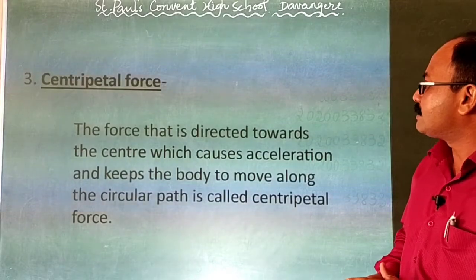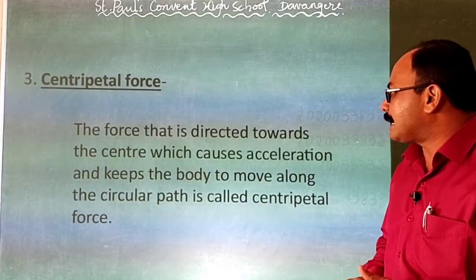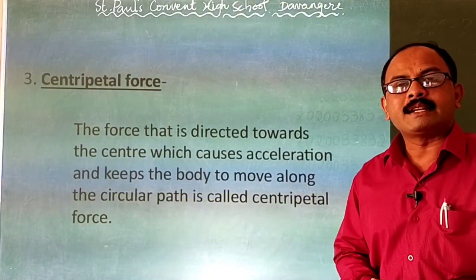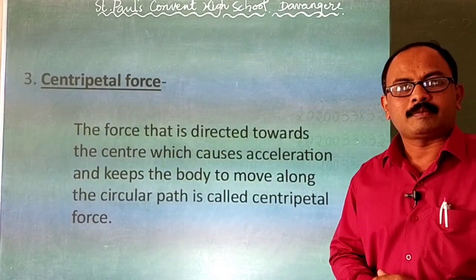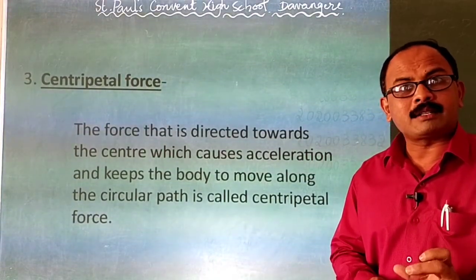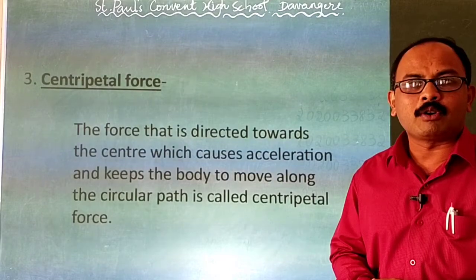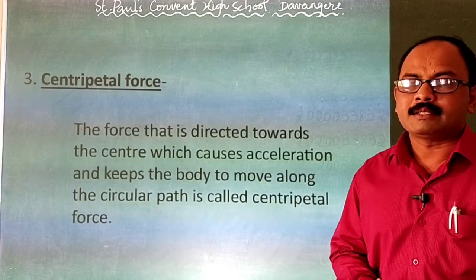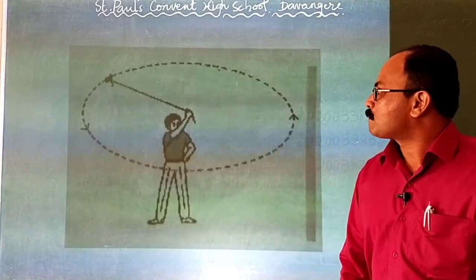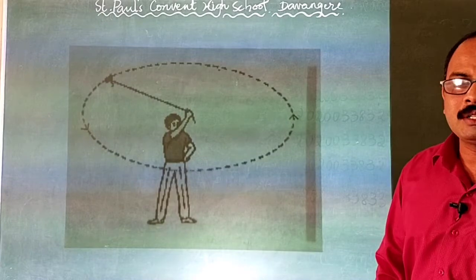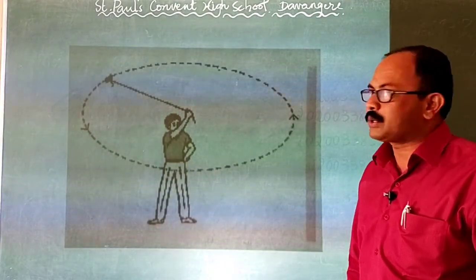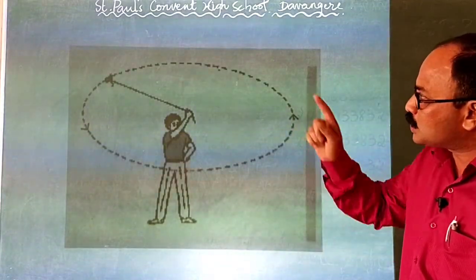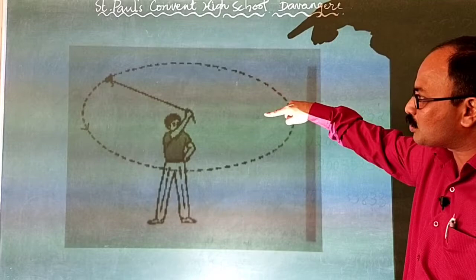So, the force that is directed towards the center, which causes acceleration and keeps the body moving along the circular path, is called centripetal force. The diagrammatic representation I have taken, children, is a stone tied to a string and whirled around. See, the stone is always attracted towards the center.